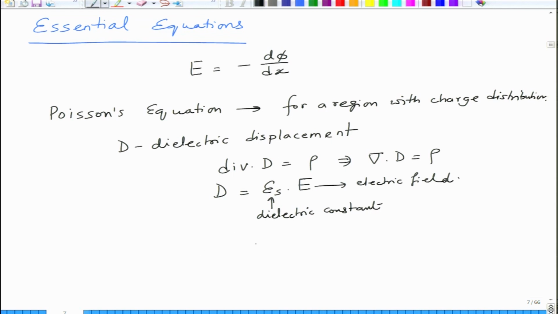From this we can say that del dot E is equal to rho divided by epsilon S, or you can write del squared phi is equal to minus rho divided by epsilon S. That is how you can write it.